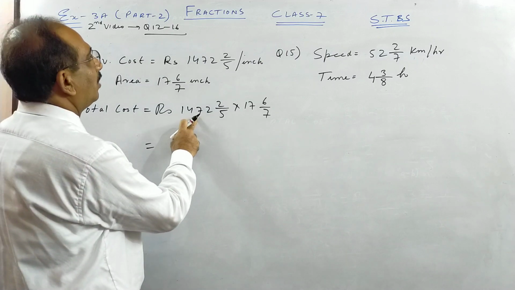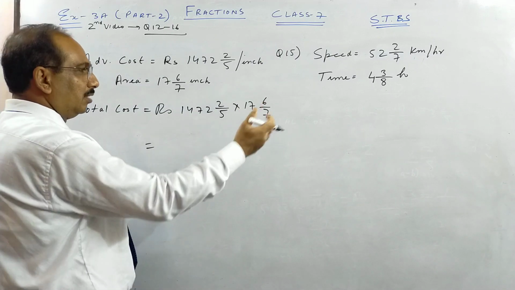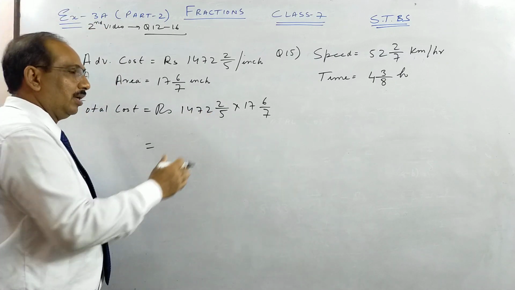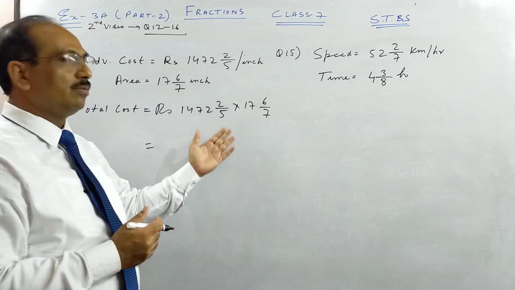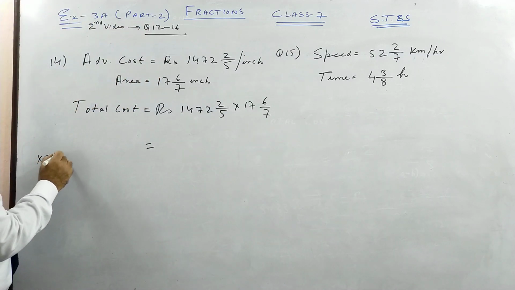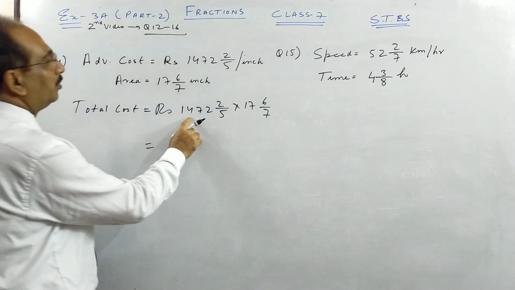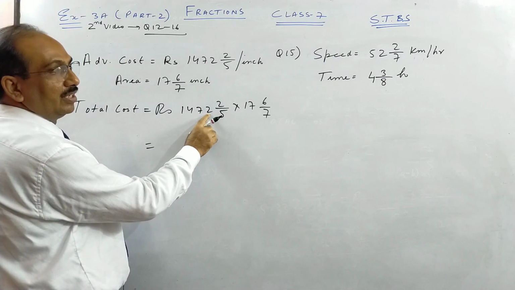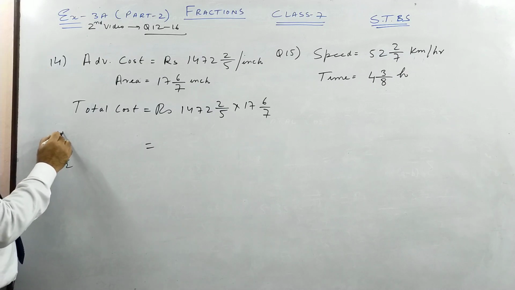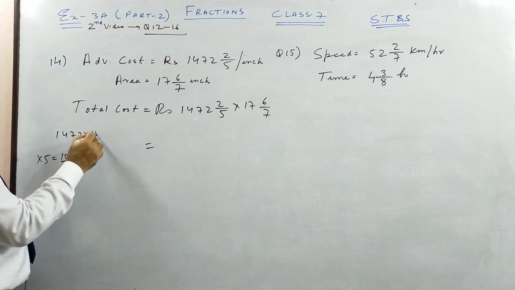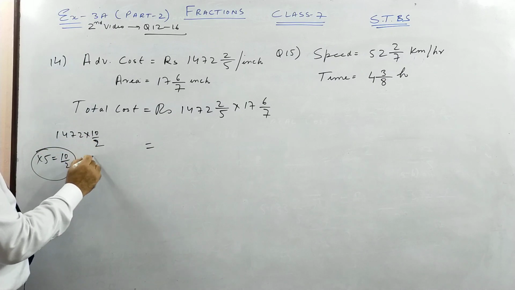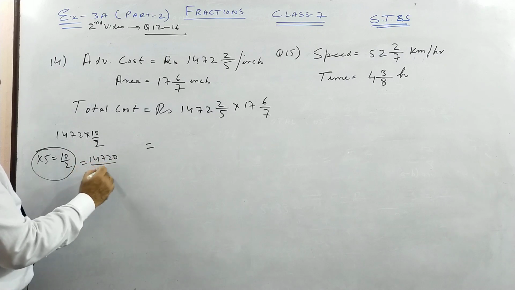If you multiply by 5, you can write in the traditional way and do it, but I try to do it by mental math. Into 5 means 10 by 2. Whenever you multiply by 5, children, I do 10 by 2. So mentally I make it 14,720, and when you multiply this with 10 by 2, meaning 5, I make it this and divide by 2.